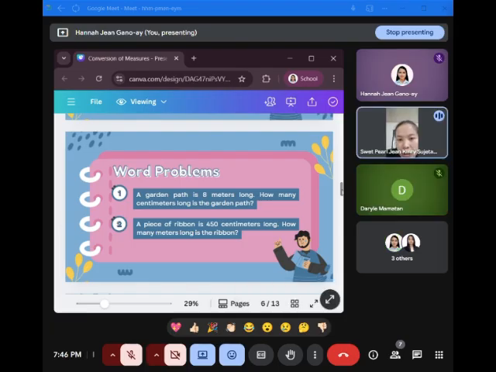Please answer the word problem for 5 minutes, and those who did not volunteer, please listen to your classmates' answers and take down notes.